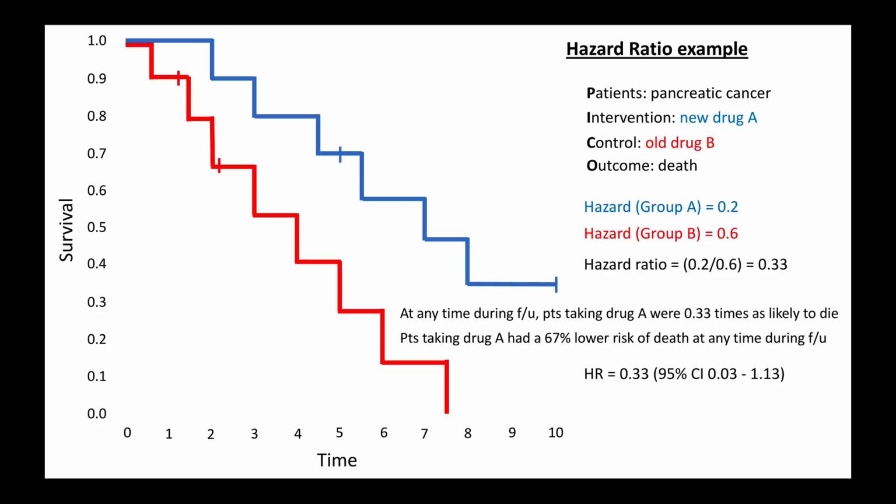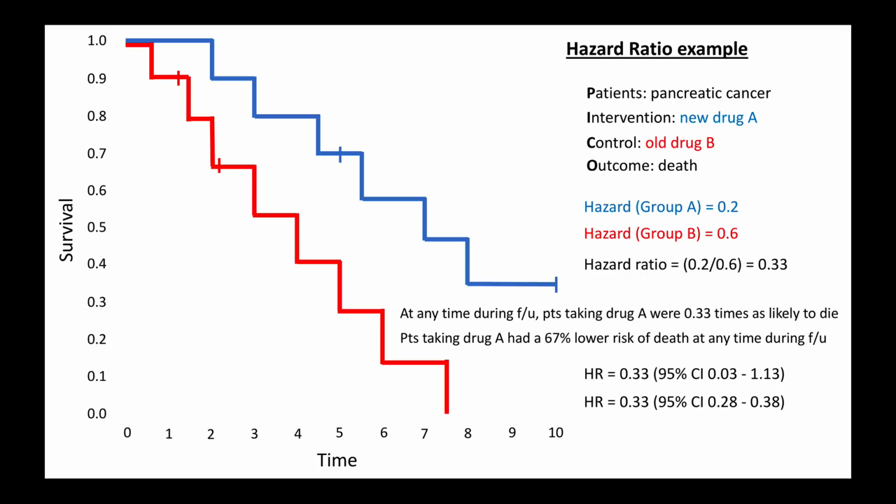But for all intents and purposes right now, you recall that if this confidence interval for ratios or hazard ratios includes 1, that also means that our data are also consistent with no effect of treatment at all. So you would conclude from this that, even if 0.33 looks like a good hazard ratio in favor of the intervention, our data is also consistent with no benefit at all. So we could not conclude from this point estimate and 95% confidence interval that the new drug in this case was more effective than the old drug.